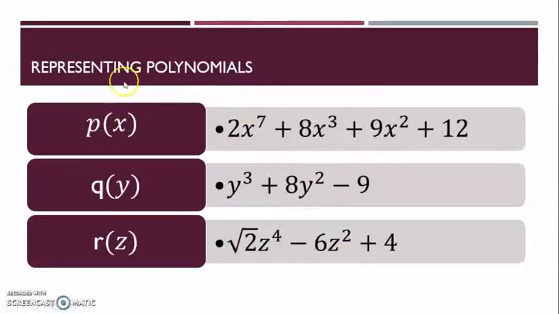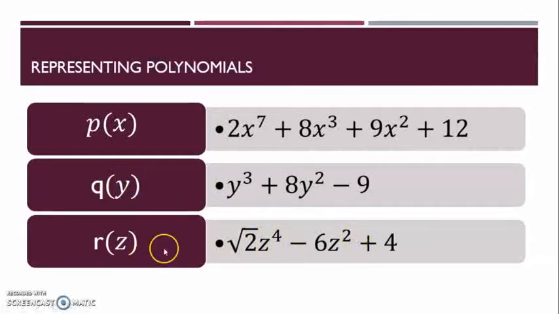So now how do we represent polynomials? Polynomials are represented by some small letters, let's say p bracket x, and we read it as p of x. That means this is a polynomial of the variable x. Q of y, so this is a polynomial of the variable y.